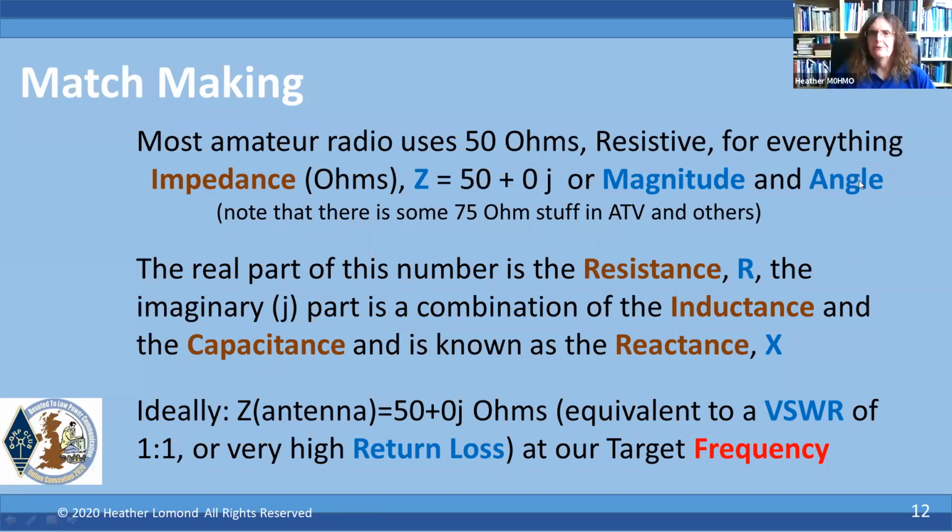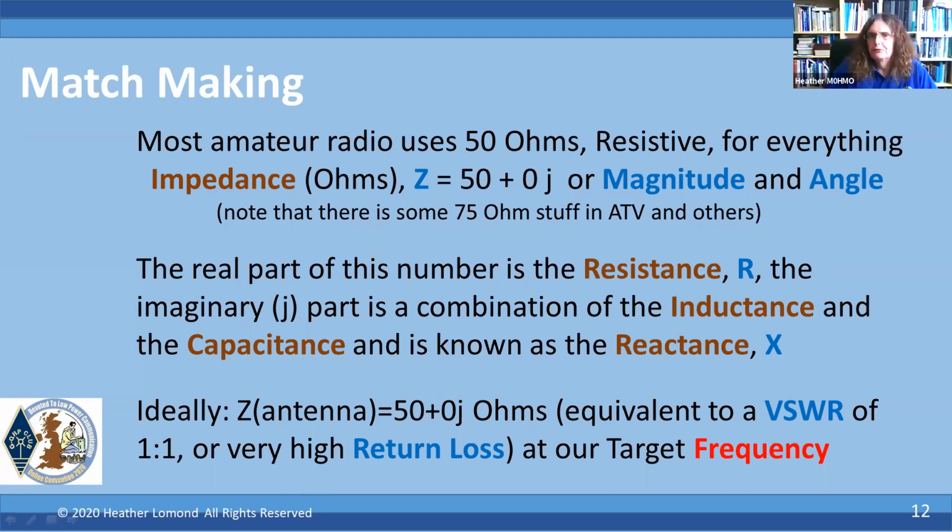If you consider this 50 plus 0j to be an x and a y on a graph, then the magnitude and the angle are just what that graph looks like relative to one of the axes. So our ideal situation is our antenna measures 50 plus 0j ohms, which will give us a VSWR of 1:1, very high return loss. And of course, at all points, we want to do this for our target frequency.